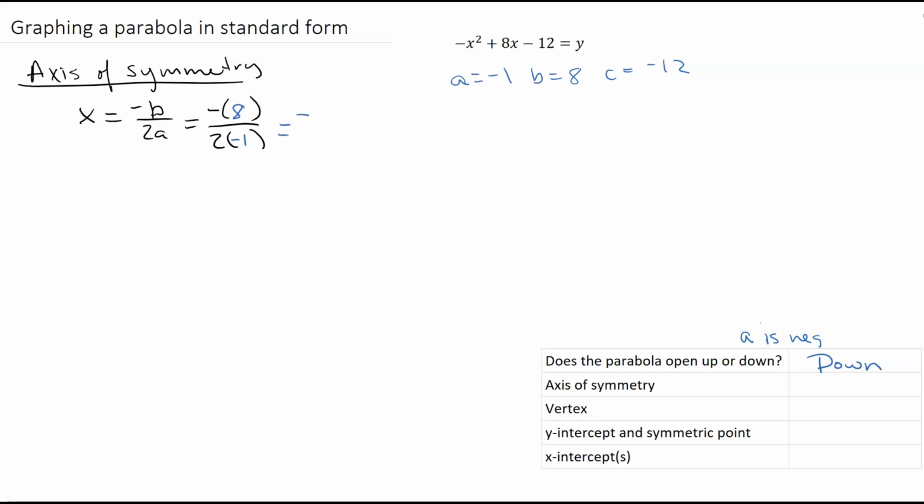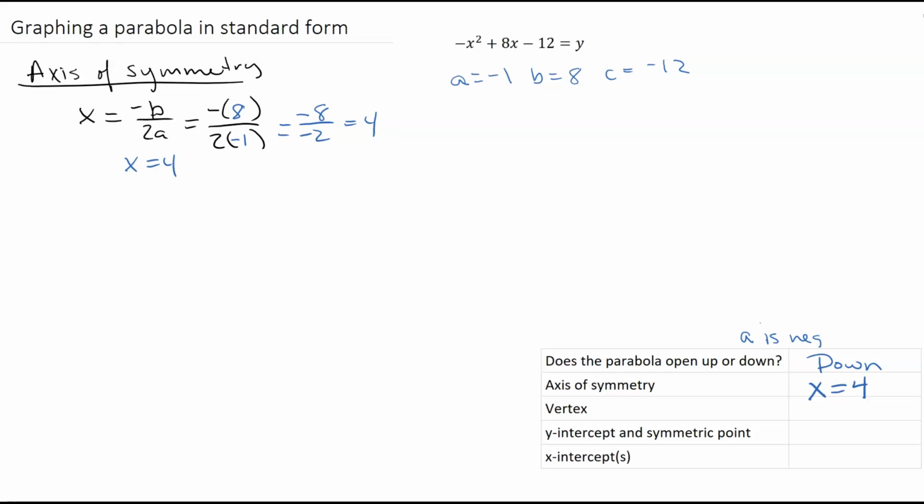I'm going to work that out, being careful of my signs. And I get the equation x equals 4. So that's my axis of symmetry, x equals 4, which is an equation of a vertical line.